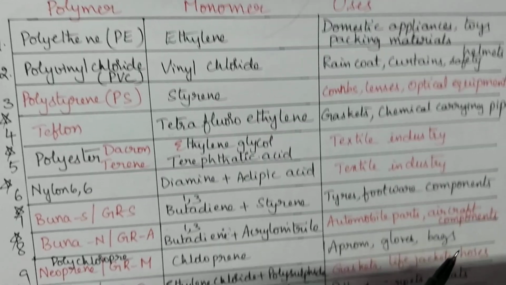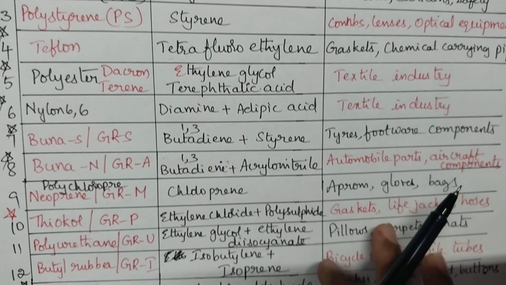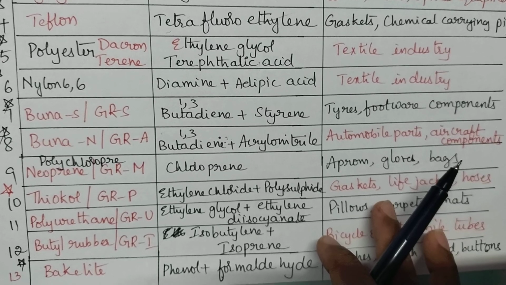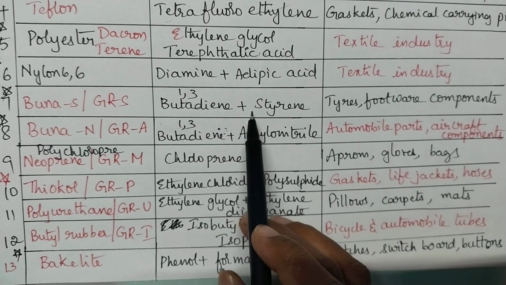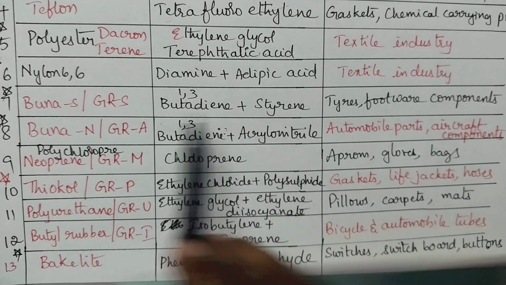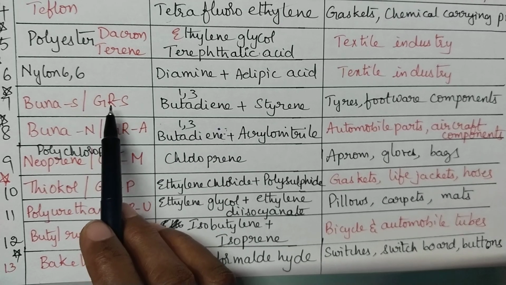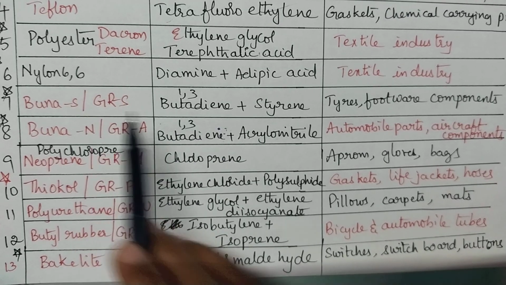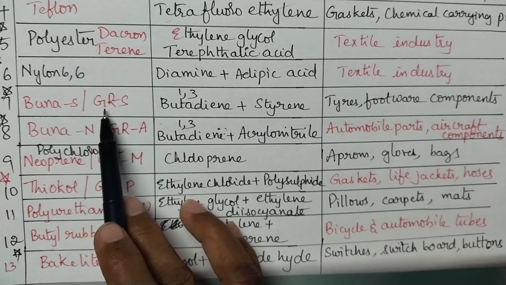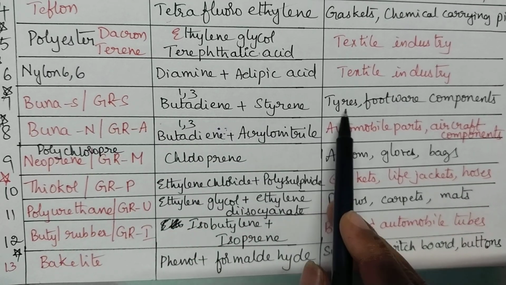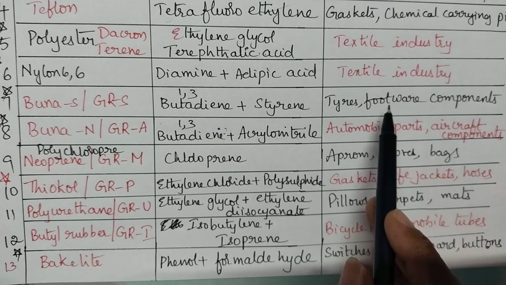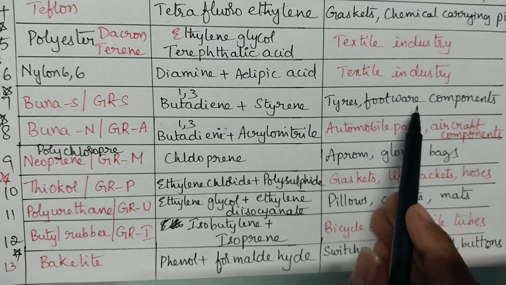Coming to the Buna S rubber, it can be prepared by using 1,3-butadiene and styrene as the monomers. It is also called as GRS rubber, that means government rubber of styrene. Buna S rubber is mainly used for the manufacturing of tires and also footwear components.